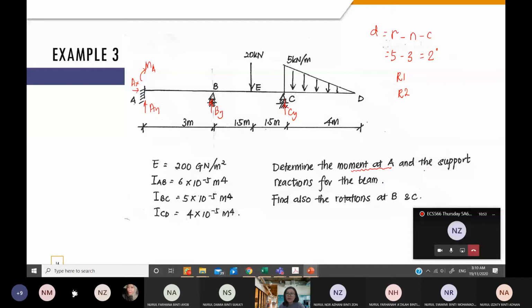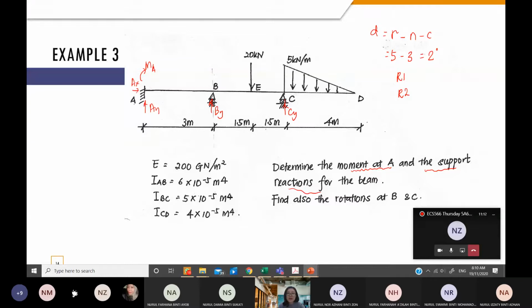But it also requires you to determine the remaining support reactions, so whichever you choose, you have to put it in the real system and analyze for the remaining support reactions.